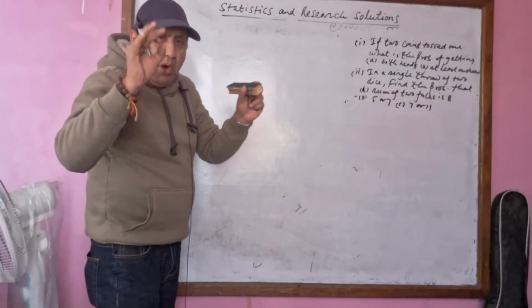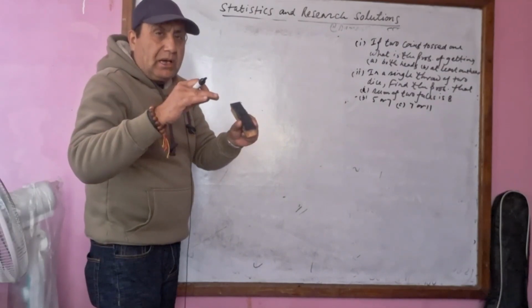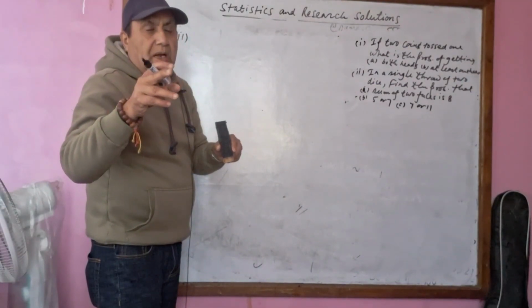So in one 6 and in another 6, 6 into 6 is 36.